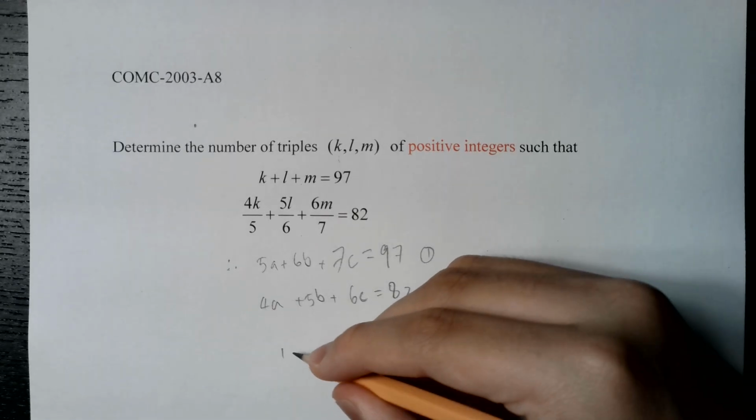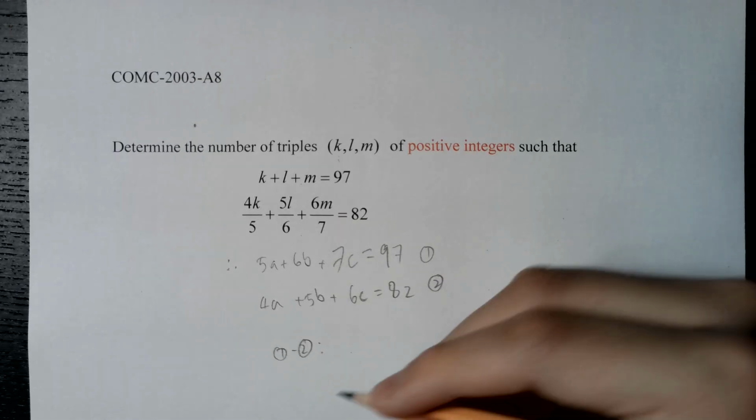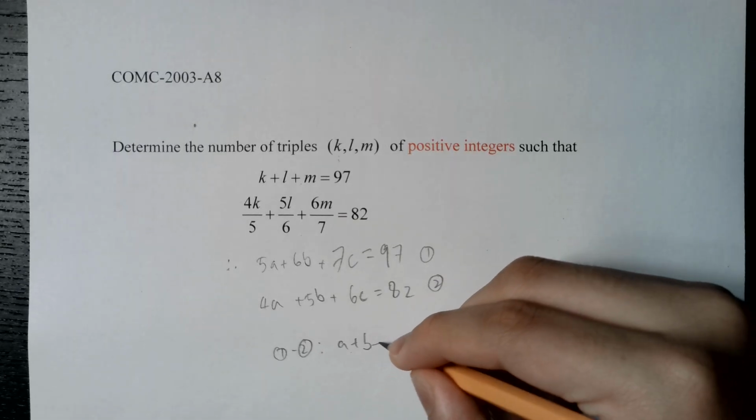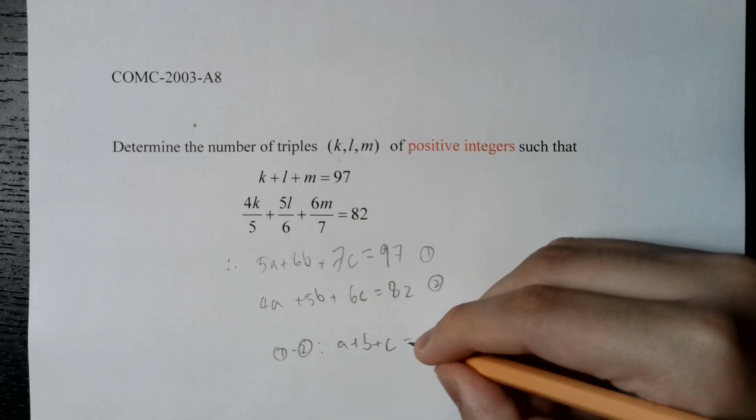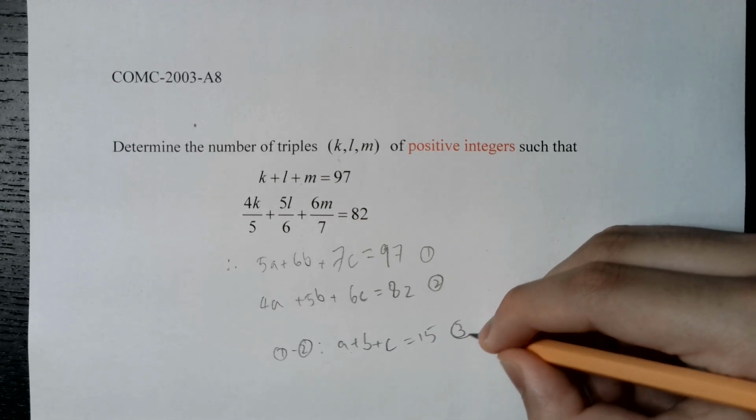So now equation number 1 minus equation number 2 is going to be equal to a plus b plus c equals 15. Now we're going to label this as equation number 3.